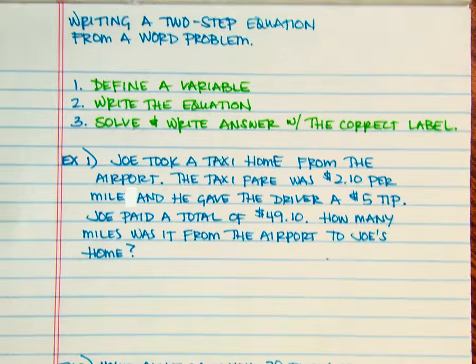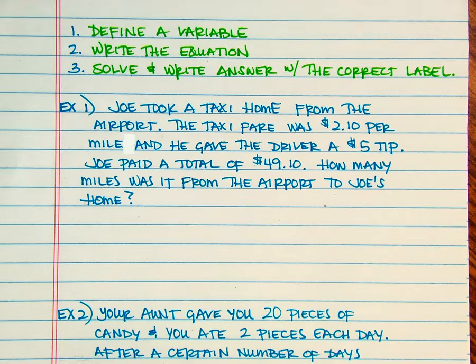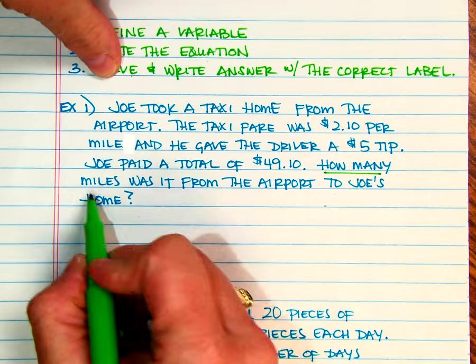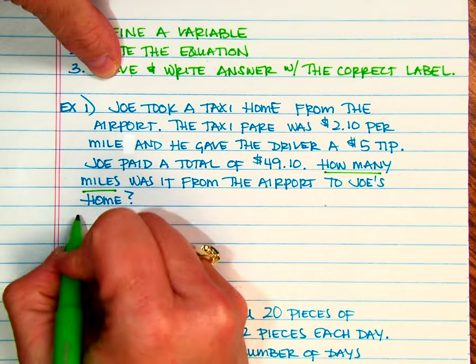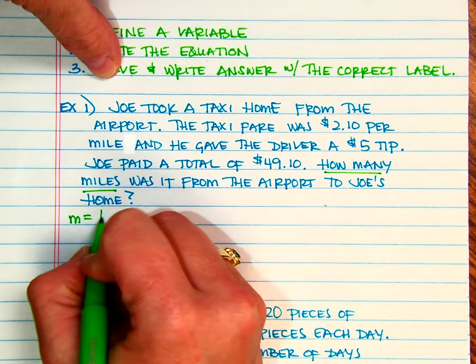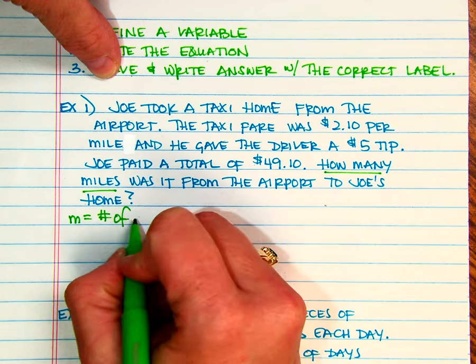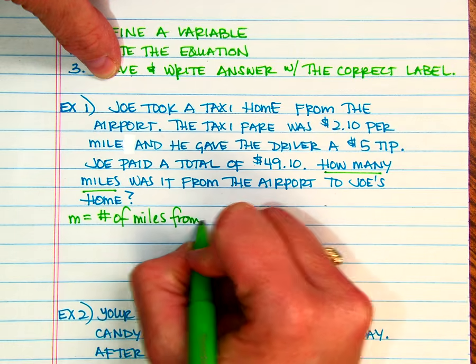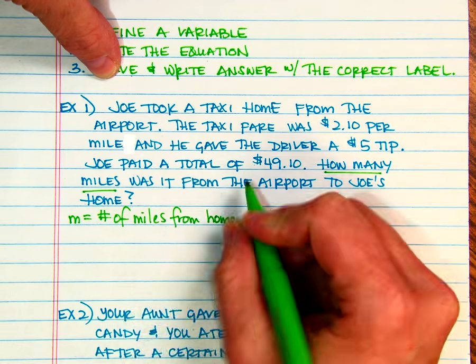Okay, so if I am defining a variable, what is being asked? Looking for how many miles. So I'm going to have M equals the number of miles from home to airport.